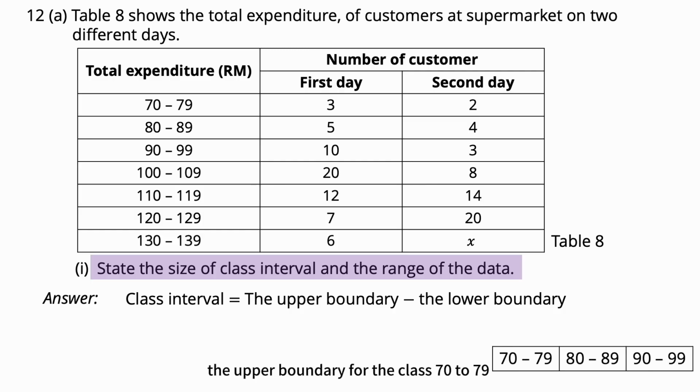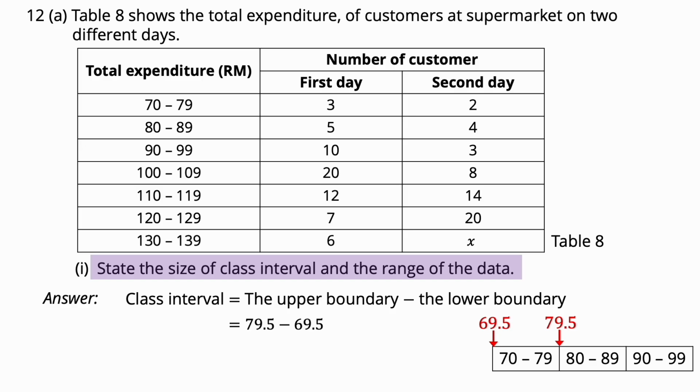The upper boundary for the class 70 to 79 is 79.5. The lower boundary for the class 70 to 79 is 69.5. Class interval equals 79.5 minus 69.5 equals 10. The size of class interval is 10.